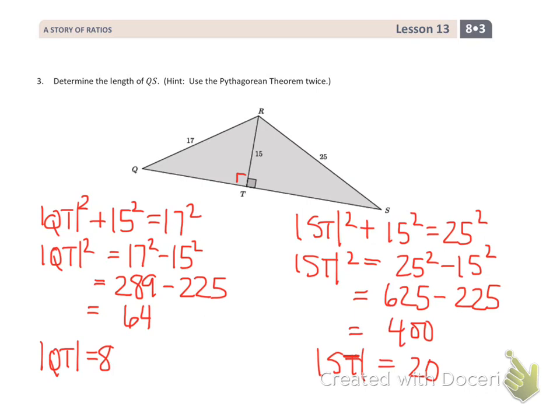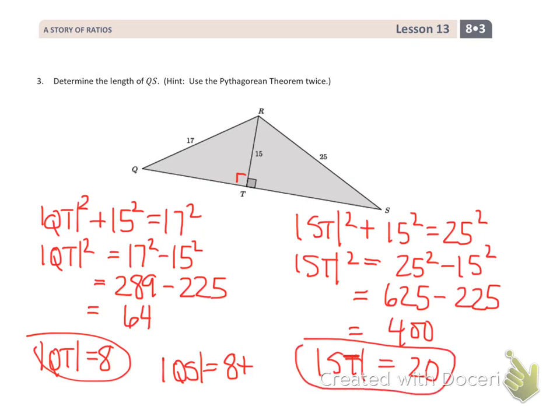So length QS is equal to QT, which is 8, plus ST, which is 20. Oops, not 25, 20. So the length of QS is 28. And that is our answer there.